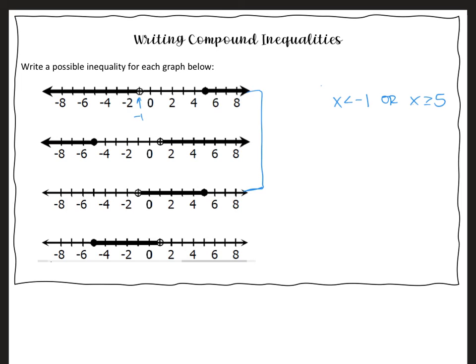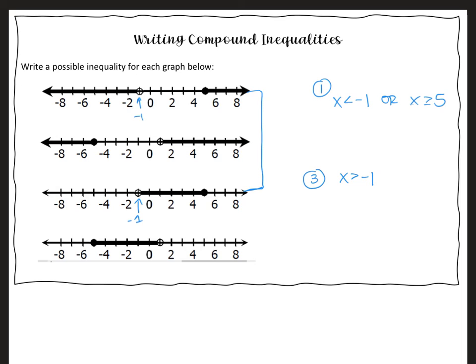And then number 3, now we have a segment, so the arrows are not going out. So I'm suspecting that this is going to be a compound inequality that should be joined with "and". So notice, again, that 1 is in between that -2 and 0 there. So notice x can be greater than -1. Sorry, I said 1, but it's -1.